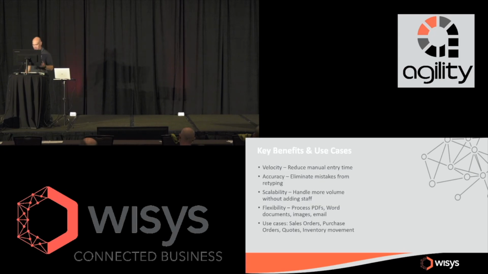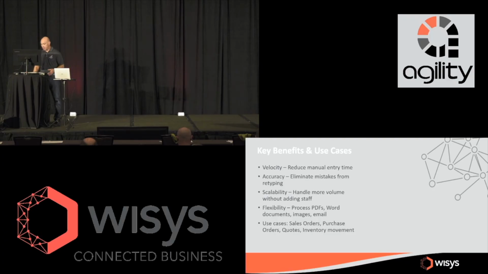Key benefits are obviously that we want to reduce manual entry time, eliminate mistakes from retyping, and handle more volume, of course, with the flexibility of processing PDFs, Word documents, Excel, images, email, HTML, text documents, Markdown, whatever you want to process.